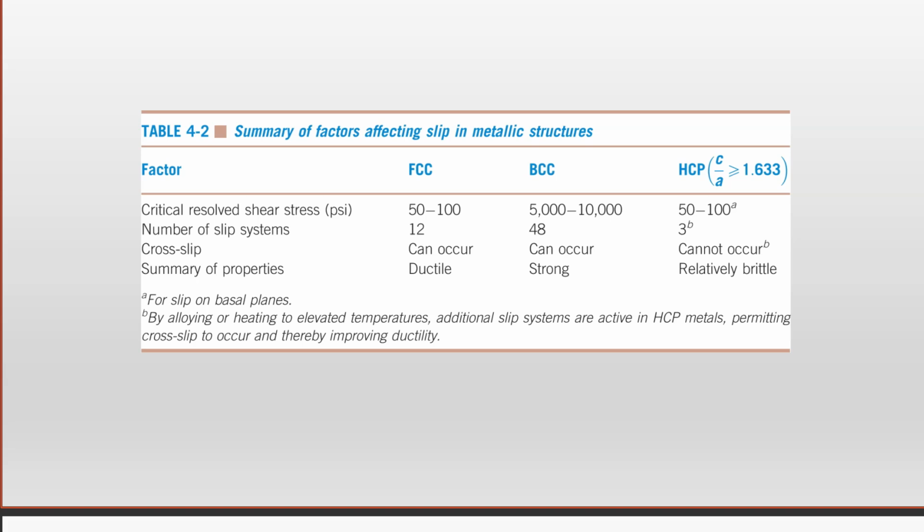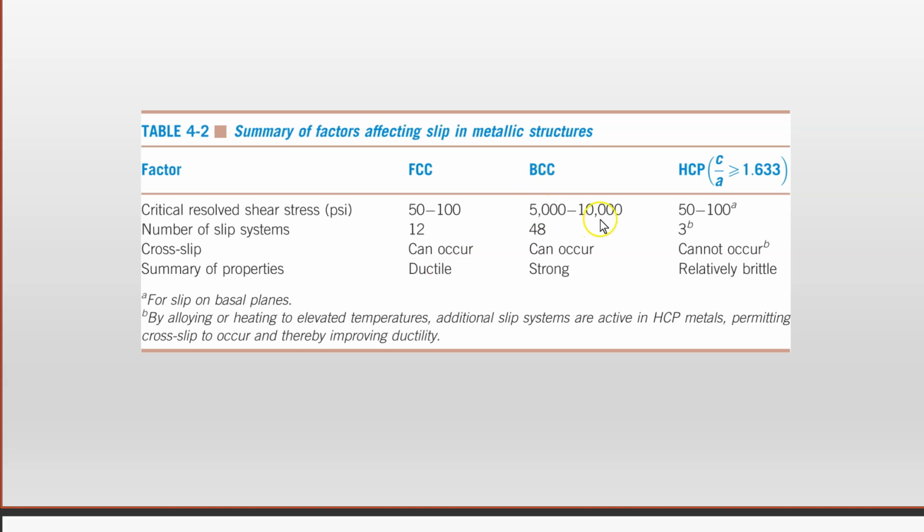So here we see a table of critical resolved shear stresses for some different materials. We see here that in FCC, the critical resolved shear stress is quite small. That's probably because the planes are close packed, which results in the smaller Burgers vector. This results in a ductile material.